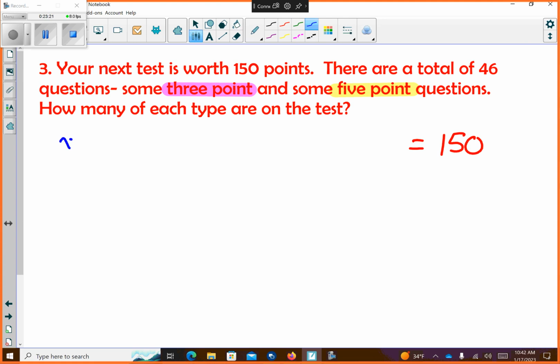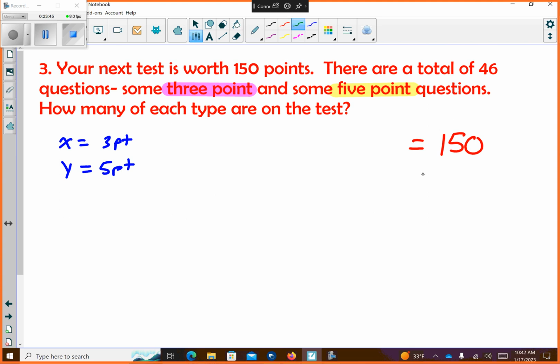We're going to say X is equal to a 3-point problem. And Y is going to be a 5-point problem. Hey, how many questions are on this test?